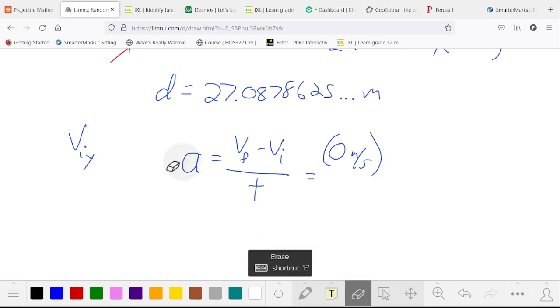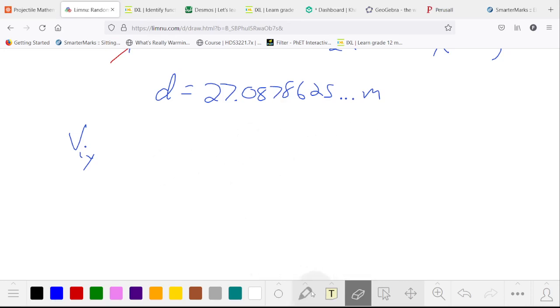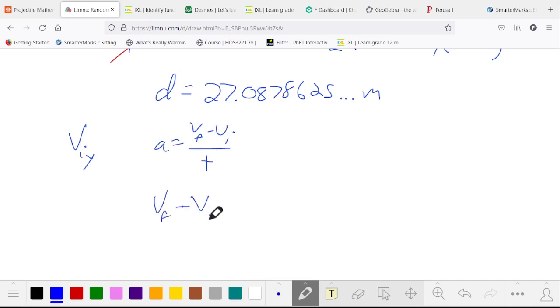Oh, sorry, we have to do some manipulation first. So yes, a is Vf minus Vi over t, which means Vf minus Vi is at. So Vi is Vf minus at.